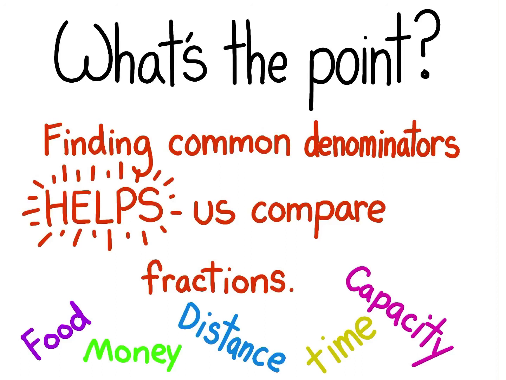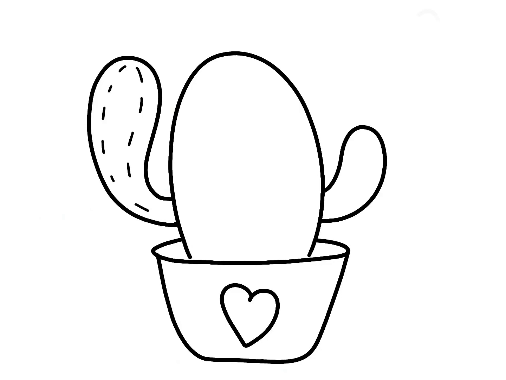All of these things use fractions, and sometimes they don't have the same denominator, so they're going to be hard to compare. Your ability to change the denominators in order to have fractions with common denominators will help you compare them more easily.